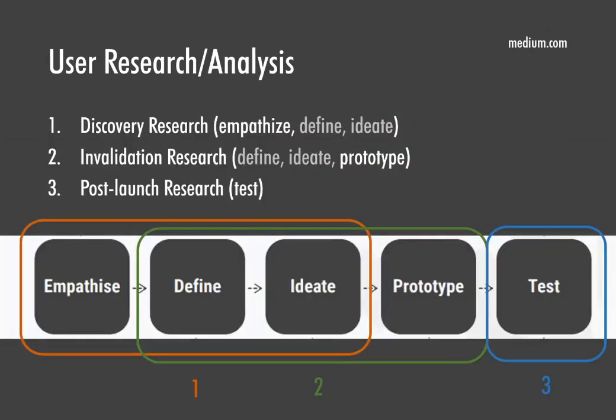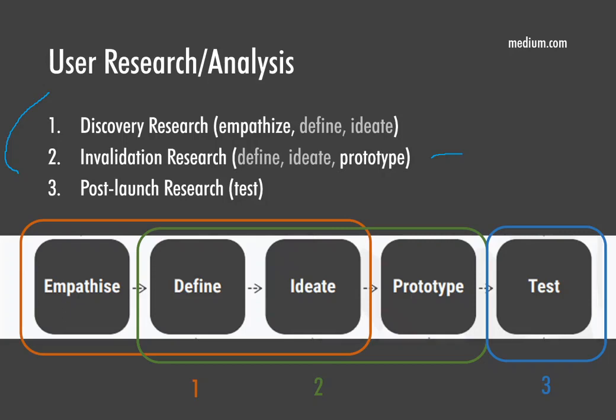Let's organize what we have just talked about. There are three main steps to conduct user research. First is discovery research, by empathizing with people and researching what the market looks like. Will it be successful, actually? Secondly, validation research, and that is confirming your ideas, your sketches and prototypes with real people.